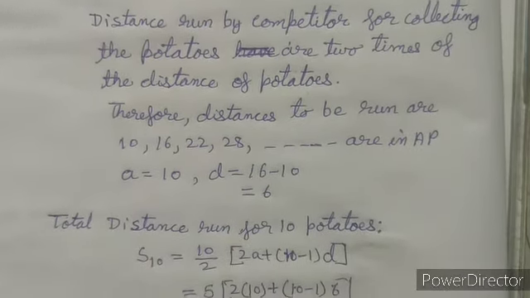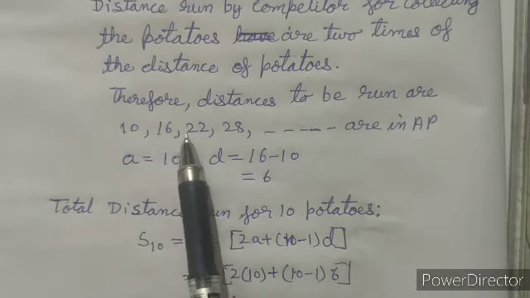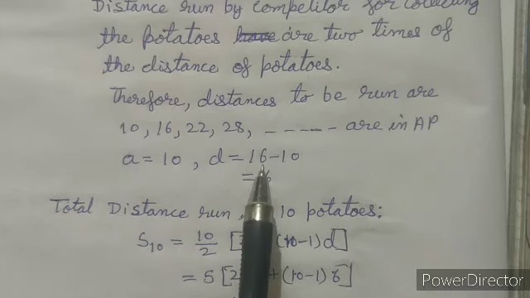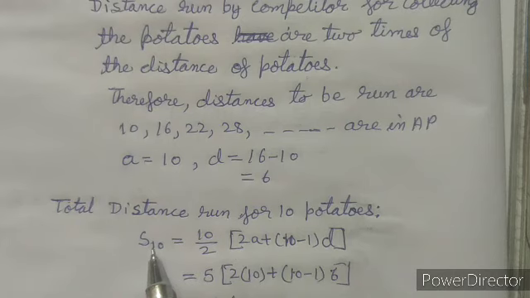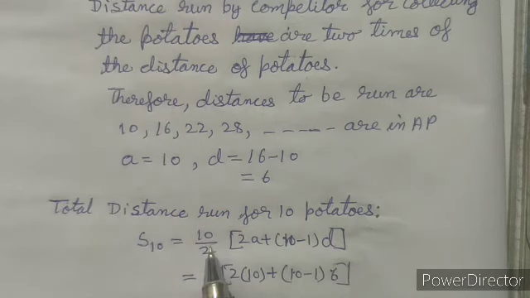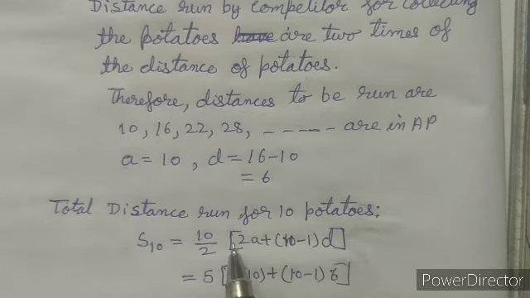Now the total distance run for 10 potatoes will be the sum of the distances run for the potatoes, and that will be equal to 10 by 2, as the number of potatoes n is 10, into (2a plus (10 minus 1)d).